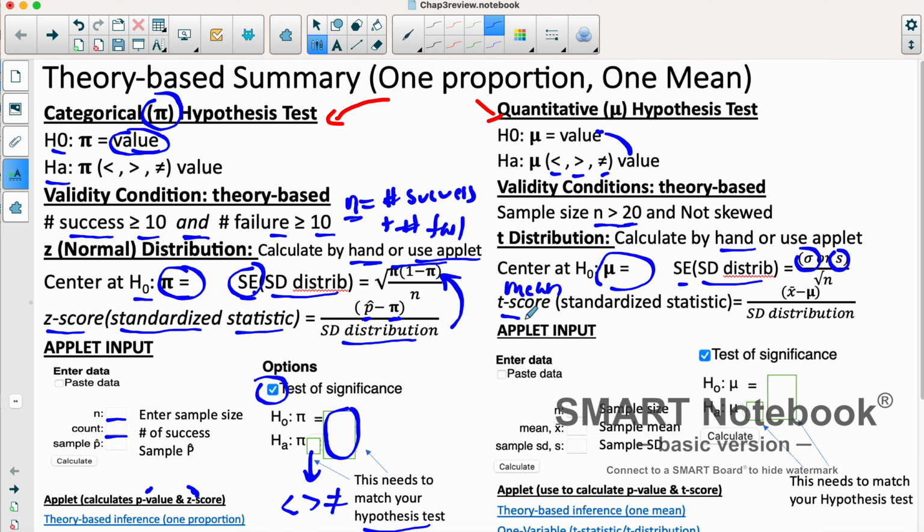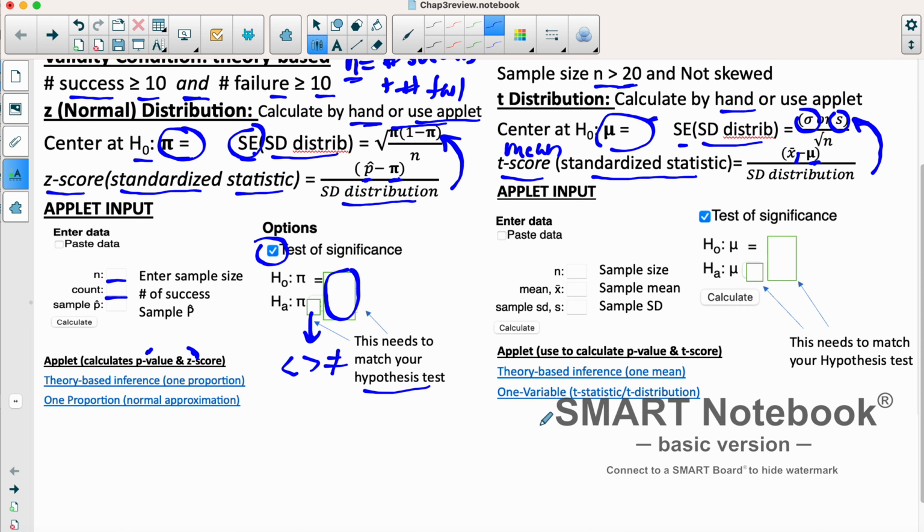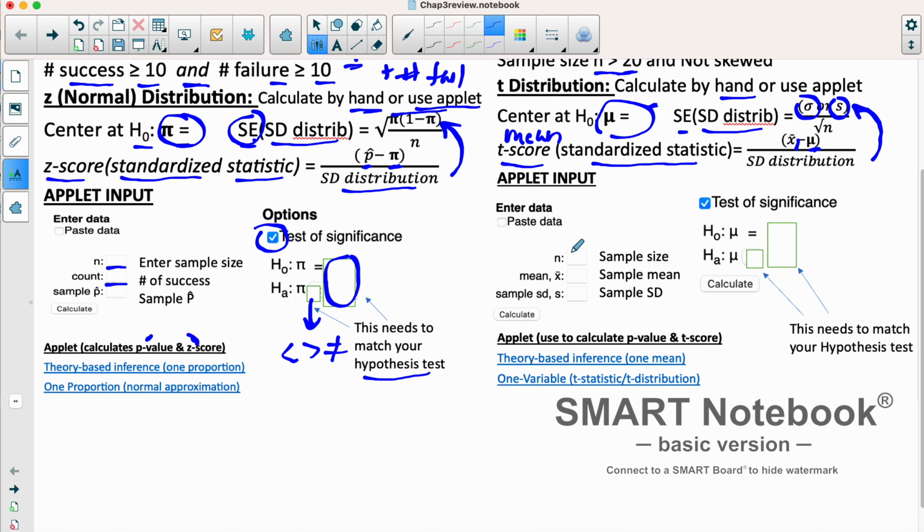And when we're dealing with quantitative data, we're dealing with a t-distribution. So for a t-score, also known as the standardized statistic, we take our observed statistic minus the mean of the distribution, which is just equal to mu, divided by the standard deviation of the distribution, which we calculated here. In the applet, a little bit different input. We're going to put the sample size here.